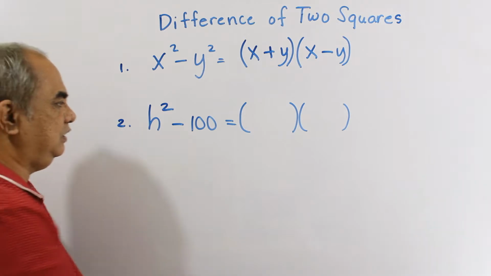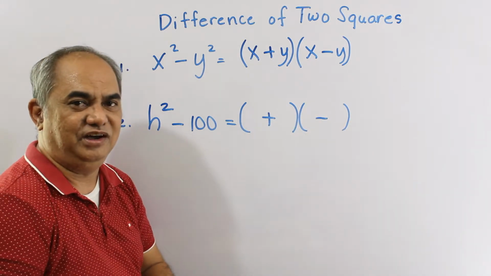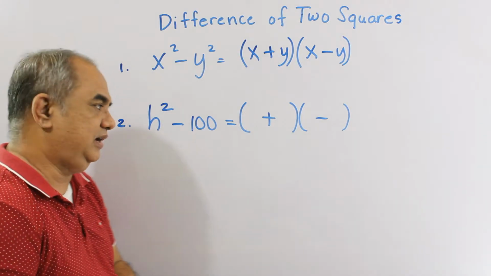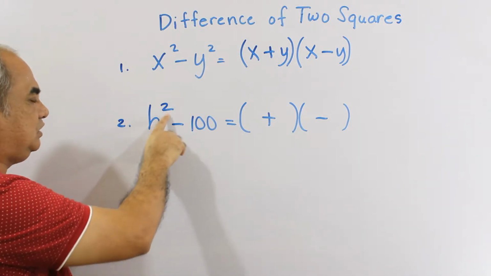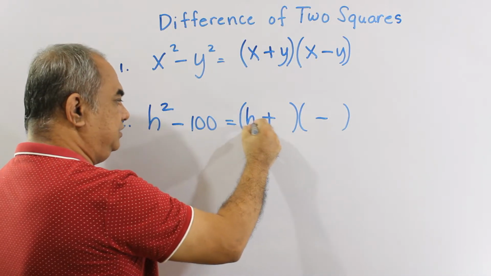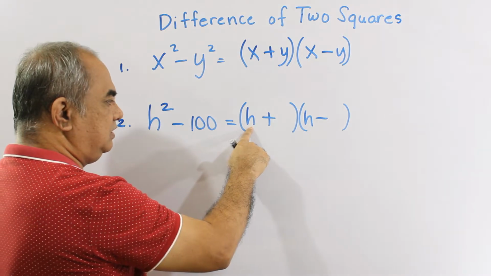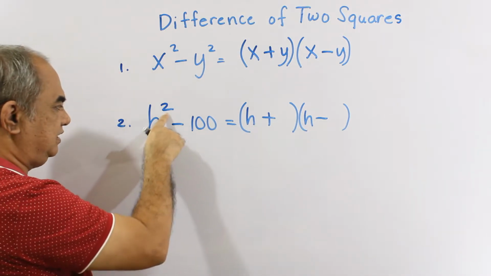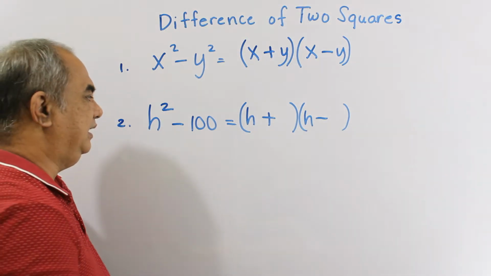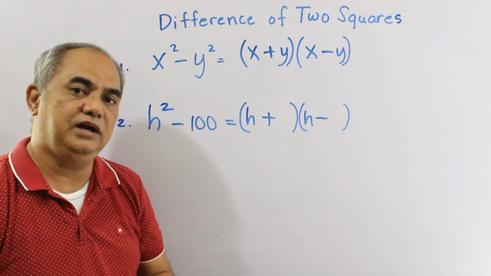Since this is negative, we put one positive here and a negative on the other parentheses. Now we have h squared here. The factored form of that is h. One h here and another h here. So when we multiply this h and h here, it will give us h squared. And again, this time, we are going to get the square root of 100.